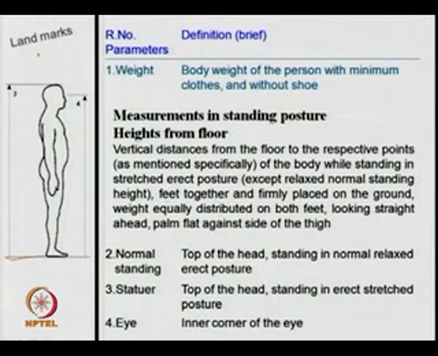Feet together and firmly placed on the ground, weight equally distributed on both feet, looking straight ahead, palms flat against the side of the thigh.